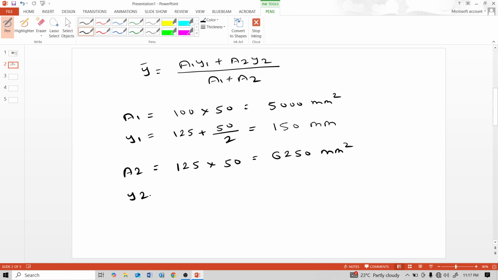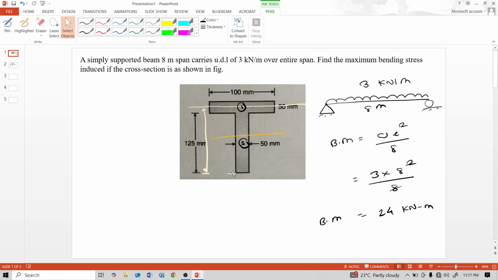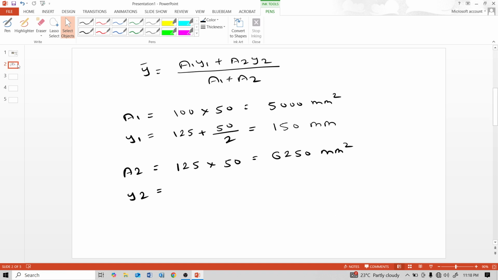And Y2 is the distance from the bottom fiber to the mid of the web part. That means 125 by 2 is 62.5 mm.